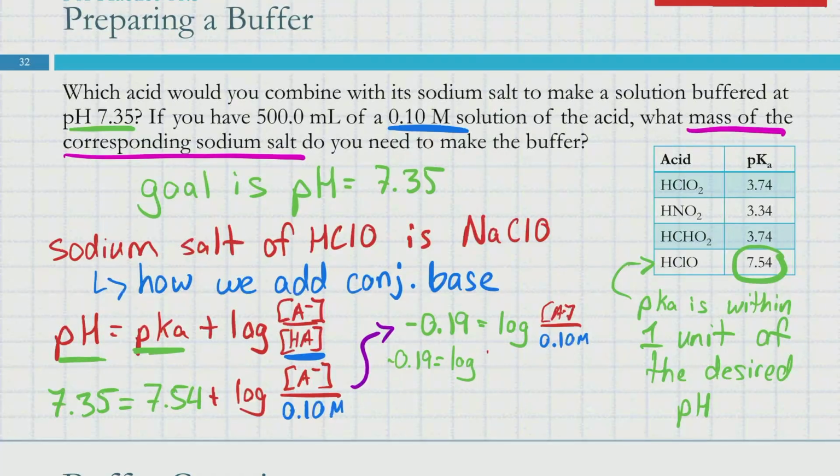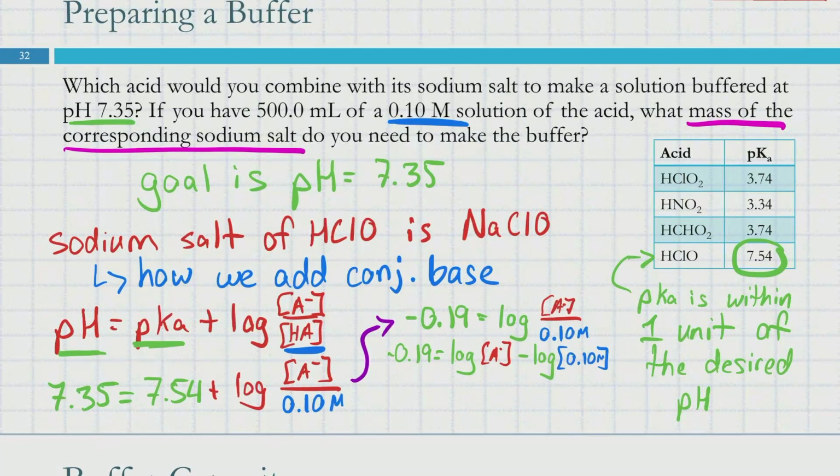So log of concentration of A minus, minus log 0.10. And if we do a little bit of rearrangement, I'm skipping some steps because I'm very much out of room, we get something equals log A minus. That should be in red.